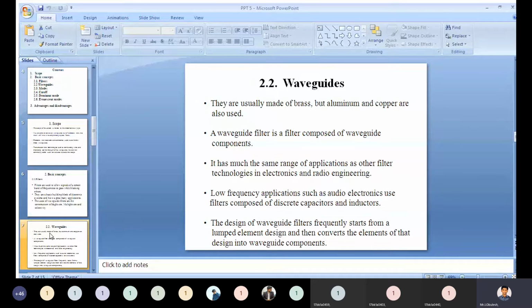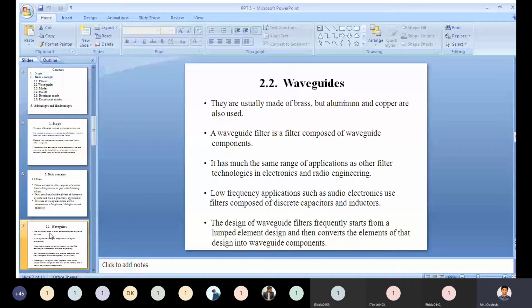These kinds of designs are called distributed element filters. Electronic filters composed of discrete capacitors and inductors are a different type, so whatever you design using transmission line pieces is called a distributed element filter.